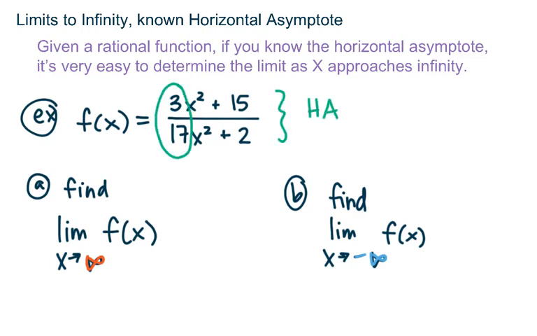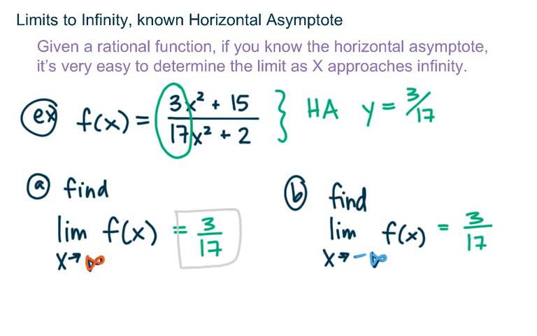My horizontal asymptote is going to be at y equals 3/17. So that would mean the limit as x approaches positive infinity and negative infinity for this function, both of my answers would be 3/17. It's always going to be the value of that horizontal asymptote if we are looking at the limit of a rational function approaching either positive infinity or negative infinity.